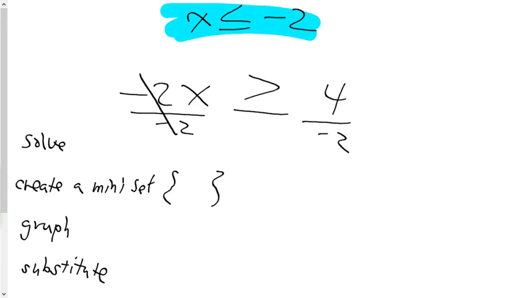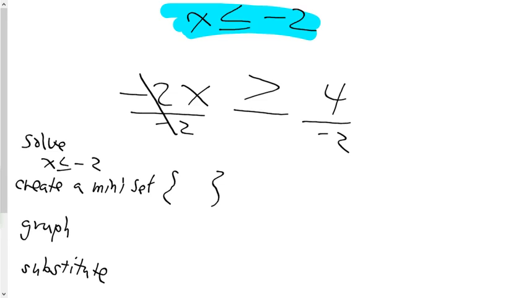So by flipping our sign, we end up with the solution of any number that's less than or equal to negative 2. Any value less than or equal to negative 2 will make this expression greater than or equal to a positive 4. Okay. I don't know what happened there. It went berserk on me. Let's check it out. So there's our solution, any value less than or equal to negative 2.